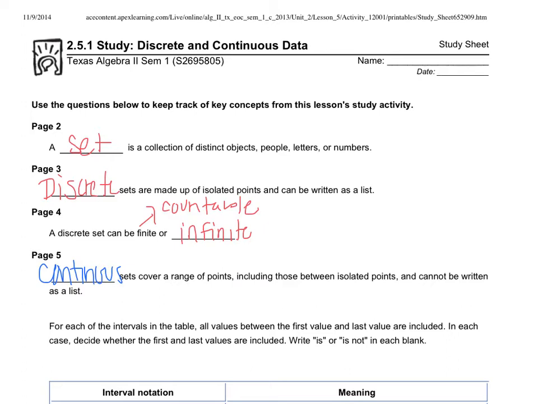If you think about every number between 1 and 2, there's obviously 1.1, but then there's 1.01, and 1.001, and 1.0001, and 1.000001, and you can continue with that forever. There's no way for you to write out all of the numbers between 1 and 2 because there are so many of them, and that's why they're called continuous.